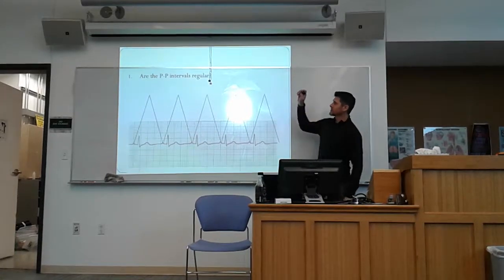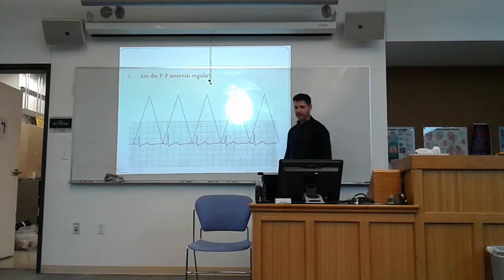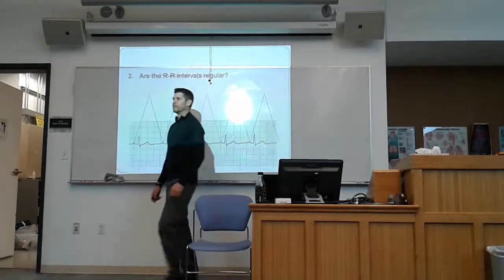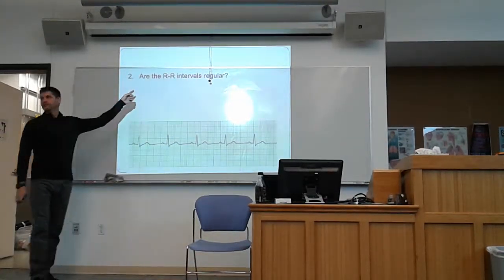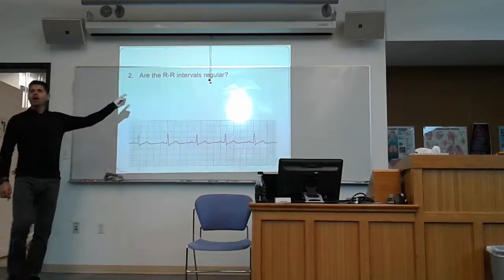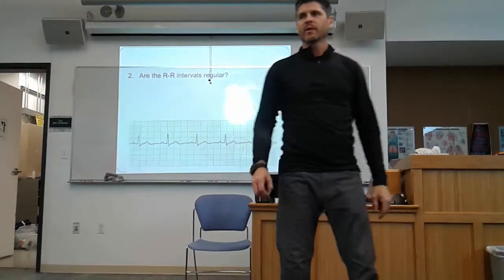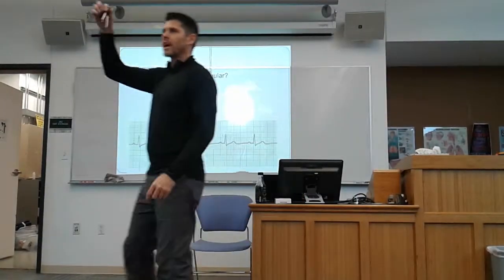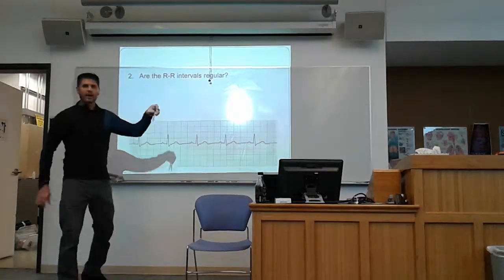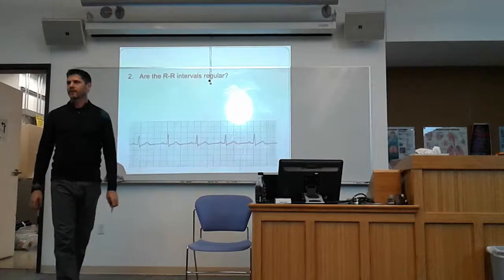Once I've established my P to P interval, and that my P to P interval is regular, then I want to look at my R to R interval. Right? What should my R to R interval be compared to my P to P? The same. So I should be able to take my calipers that I just used on the P to P interval, lift it up, and it should set right on top of my QRS complexes.